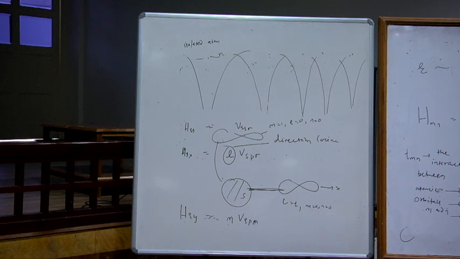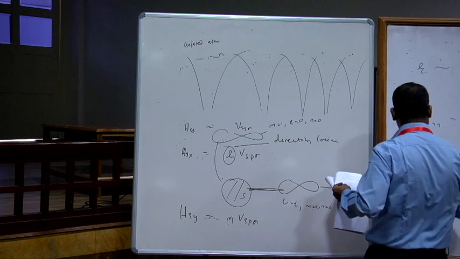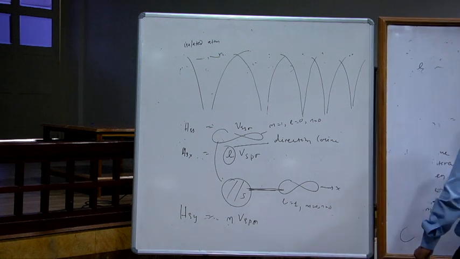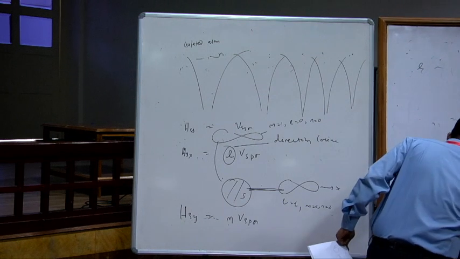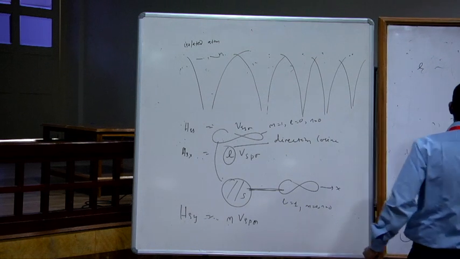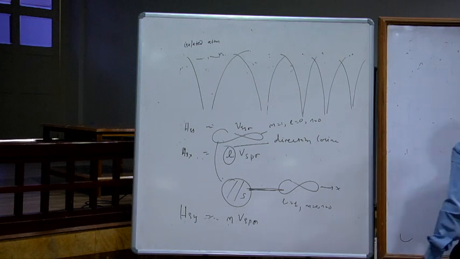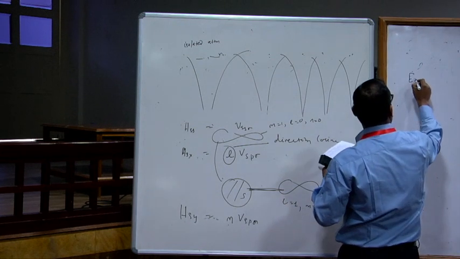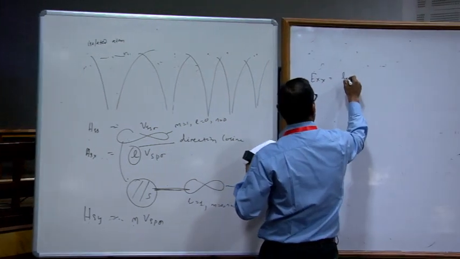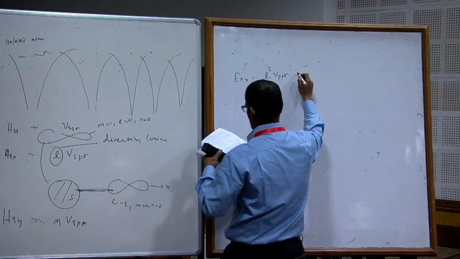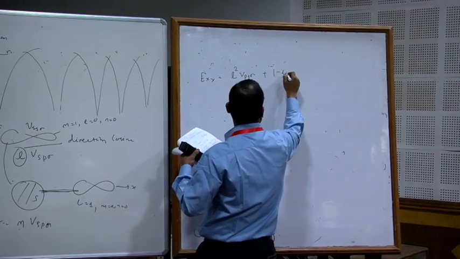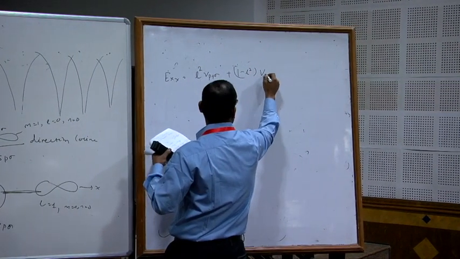Okay? Similarly, two more terms I will write, then we will do a small example, which will show you why it is so important. Your E_xx is L squared E_ppσ plus (1 minus L squared) E_ppπ.